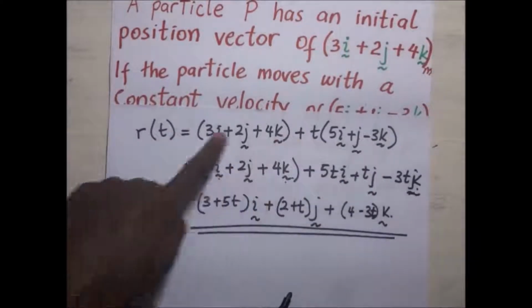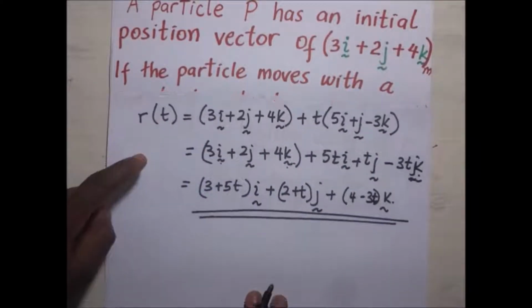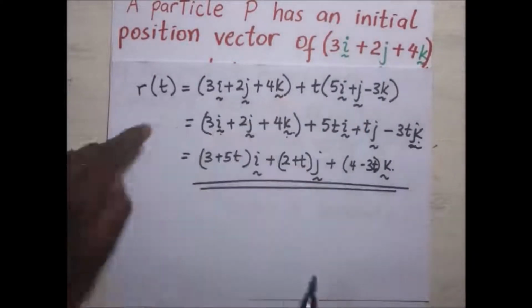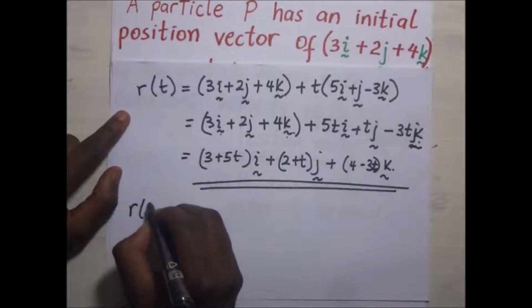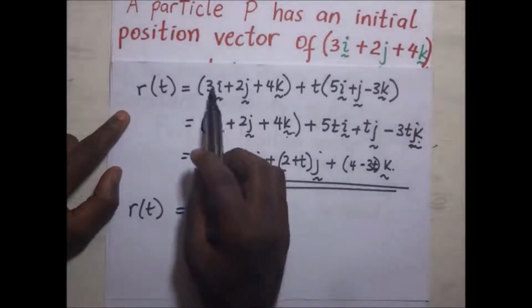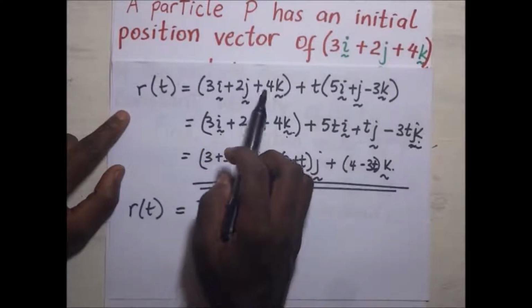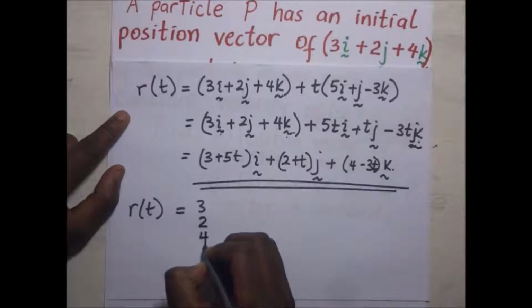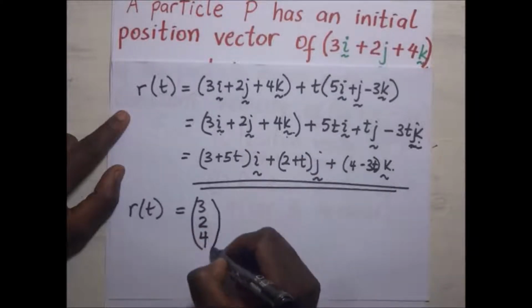We could as well express this in another way, in the column form. It's another way of writing it. If we said r of t is going to be equal to 3i plus 2j plus 4k, it can be written in the form of 3, 2, and 4. This is vectors in column form.